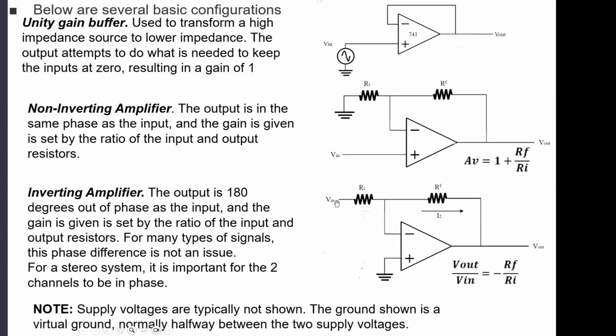So if this resistor is 10 kilo ohms and this resistor is 1 kilo ohm, you put this one divided by that, 10 kilo ohms over 1 kilo ohm, and you're going to have a gain of 10, right?